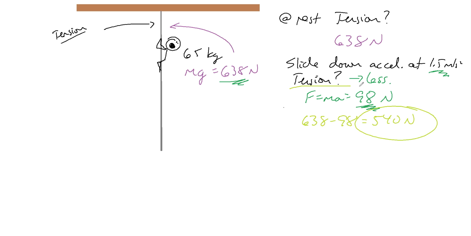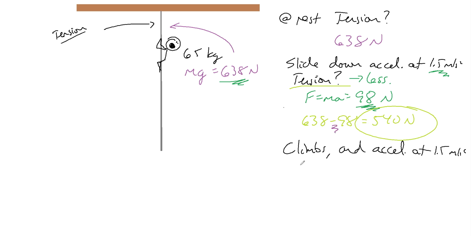Okay. Now, what if we sort of reversed it? What if he climbs the rope? He climbs and actually accelerates at 1.5 meters per second squared going up the rope. Well, if he climbs up the rope, he's going to increase the tension. There's going to be more tension on it. So we would just have to slightly adjust it. So instead of subtracting to give us less tension, we would add it.